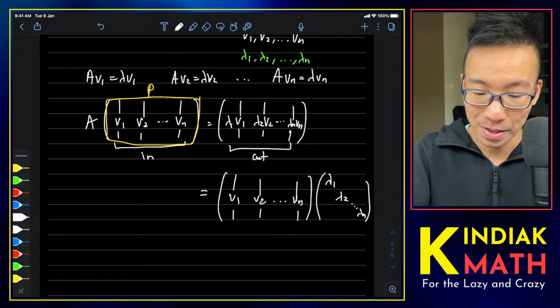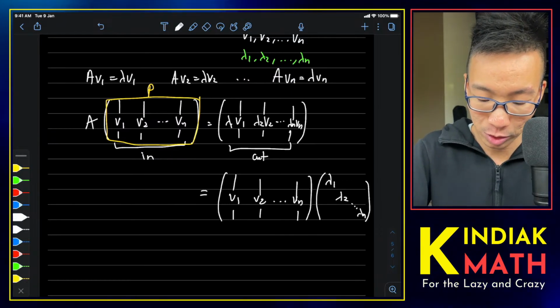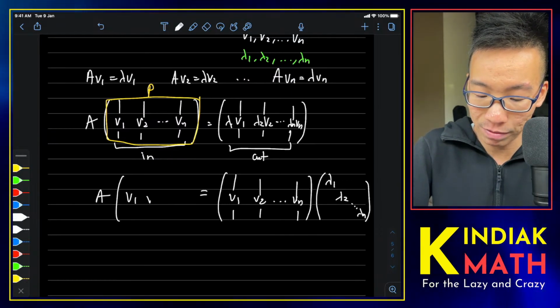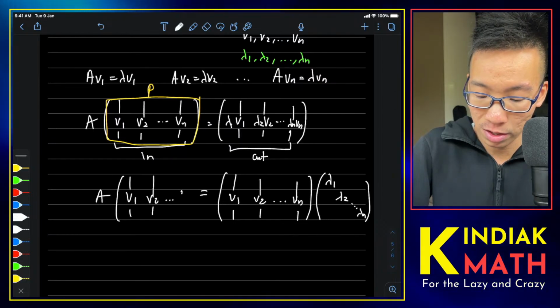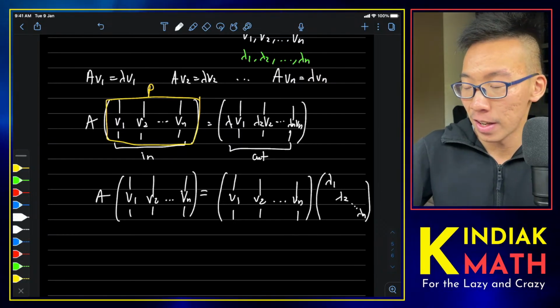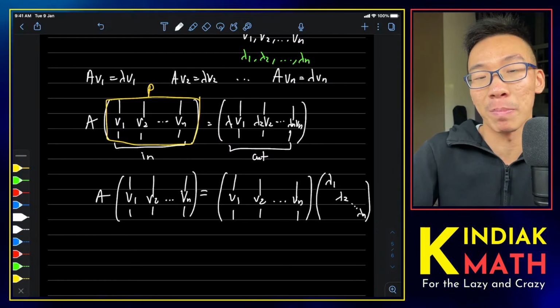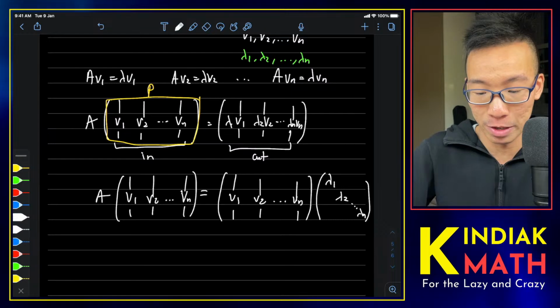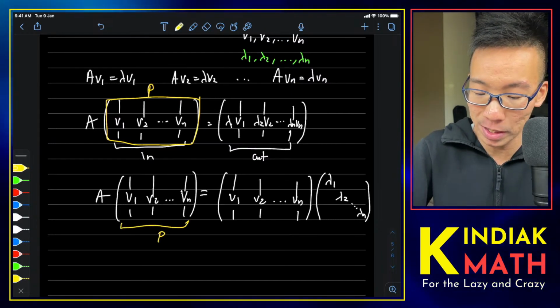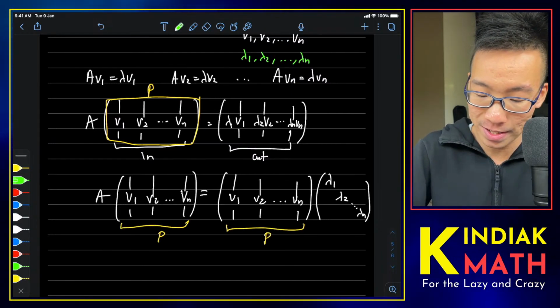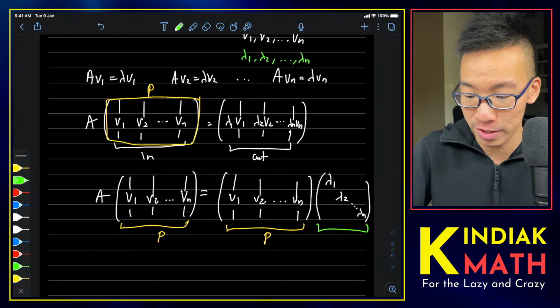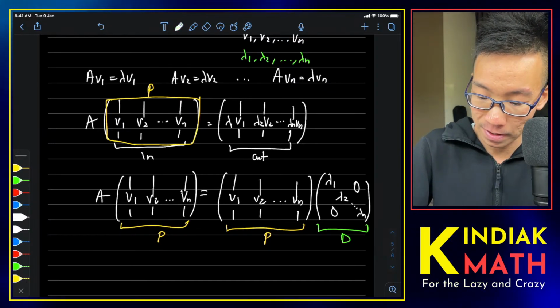So on the left side, you get A times V1, V2, Vn, and on the right side, you get the same matrix multiplied by the diagonal matrix. So if you let this be your P, and you let this last diagonal matrix be your D, check this out.